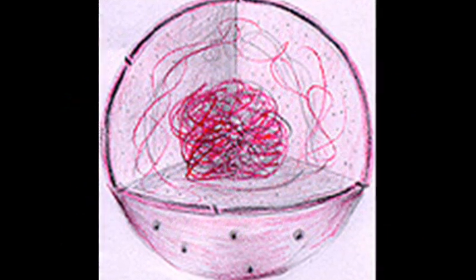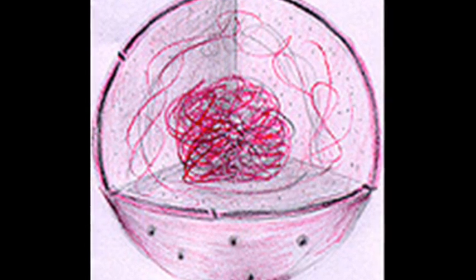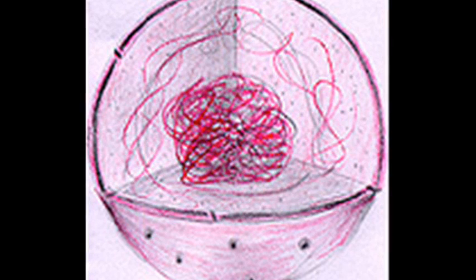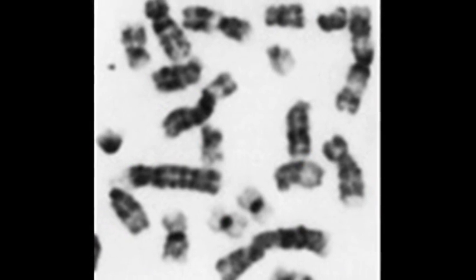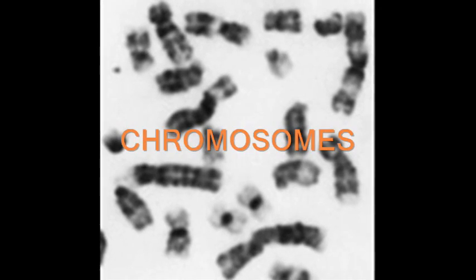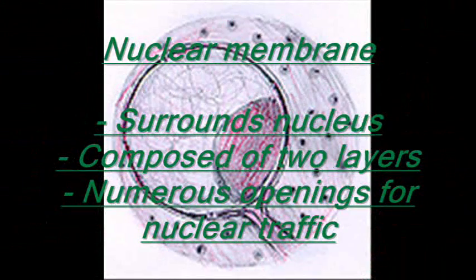Now we're going in the nucleus. Wait for it. Wait for it. There. Chromosomes. Now we're going to the nuclear membrane. Surrounds nucleus, composed of two layers. Okay, you can read the rest.